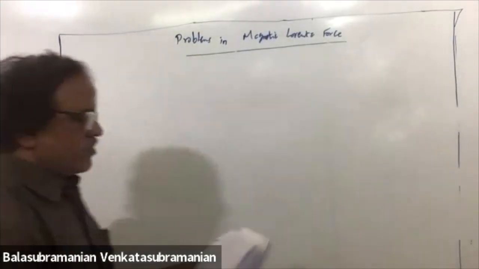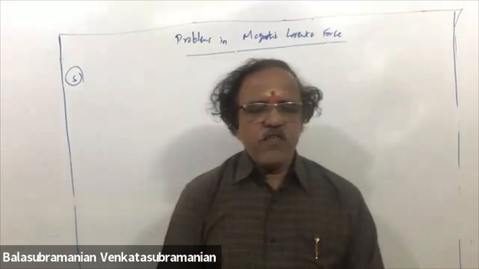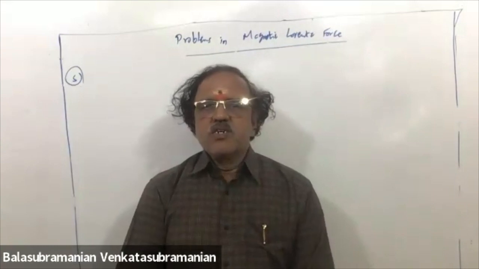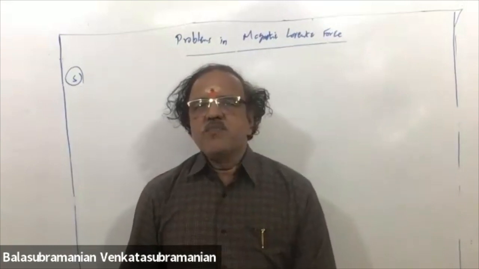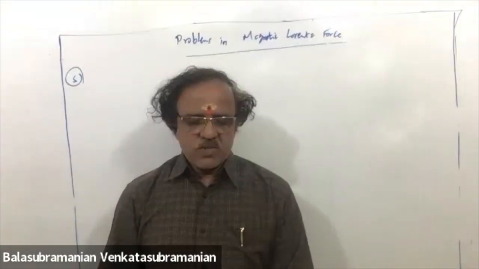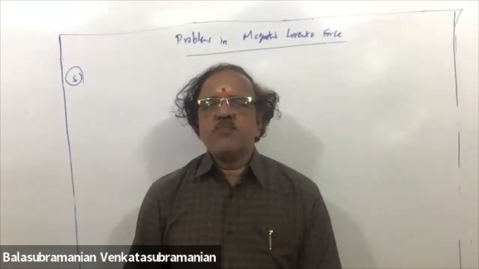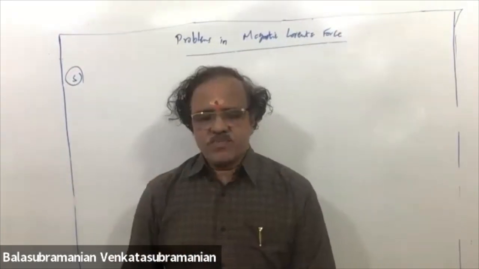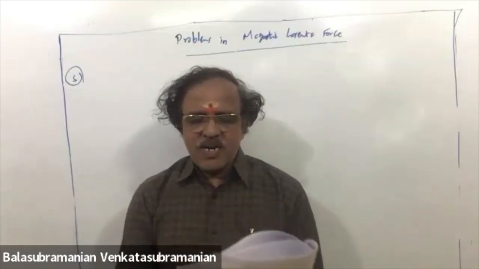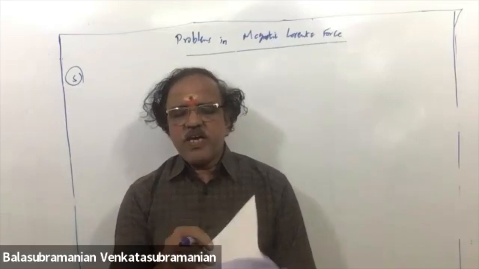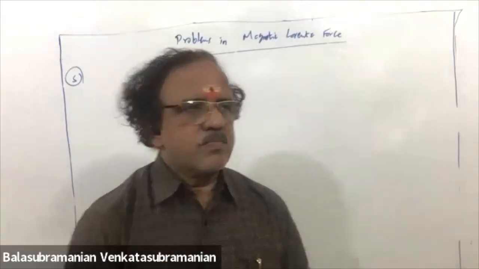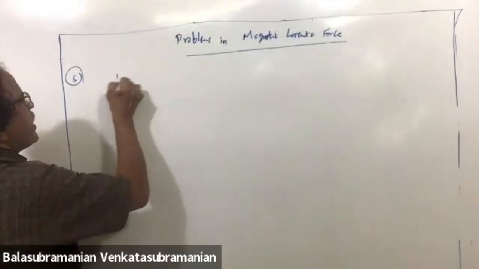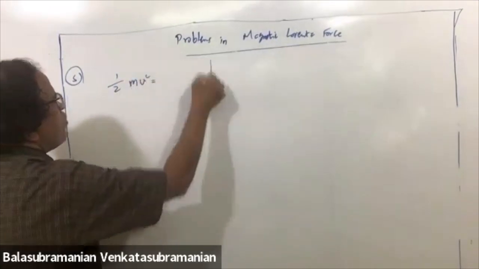Next, fifth problem. A 5 MeV proton is falling vertically downwards through a region of magnetic field 1.5 Tesla, acting horizontally from south to north, horizontally. Here they have given, find the magnitude and direction of force. 5 MeV proton, kinetic energy.